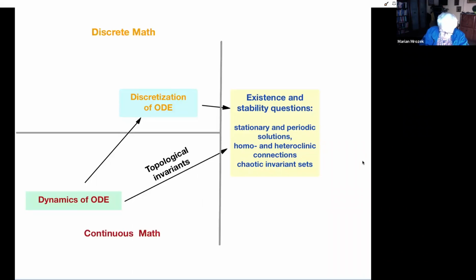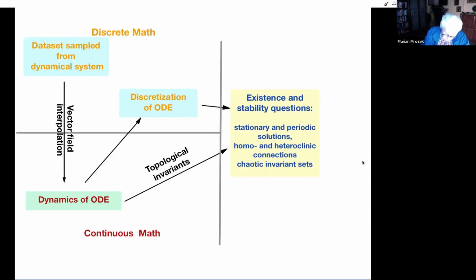But since you go into discrete math when you discretize, once you start to look at a dynamical system known only from samples, maybe one could do something different from what people do right now. Namely, they take the sample and try to build a differential equation which well fits the available data, then they discretize again and use the topological tool to get the conclusion.